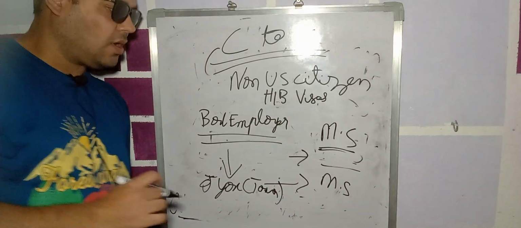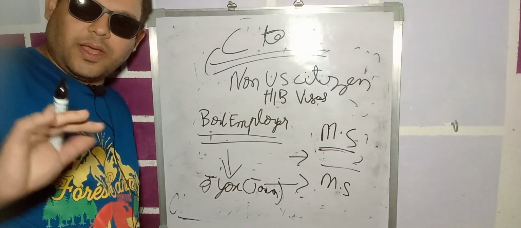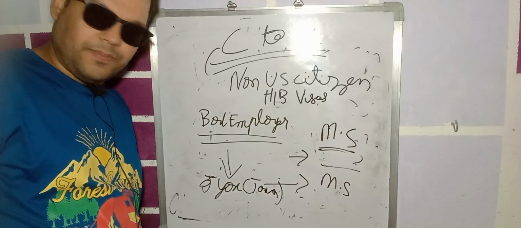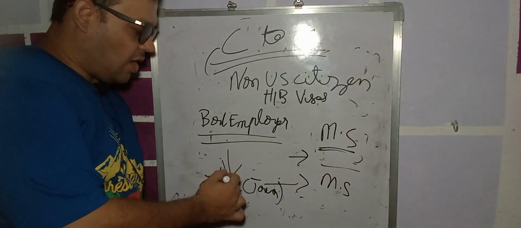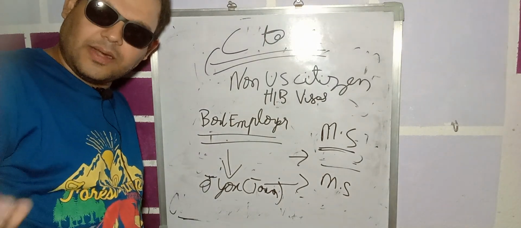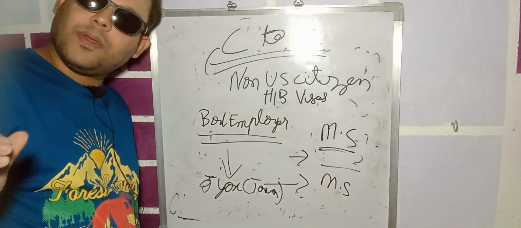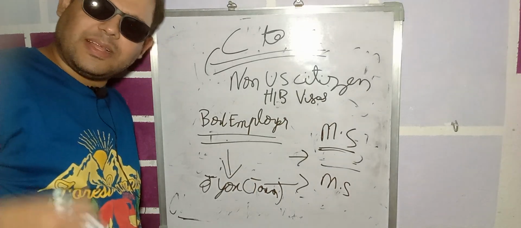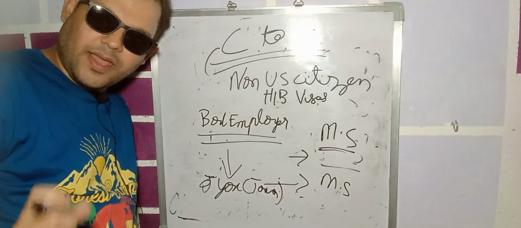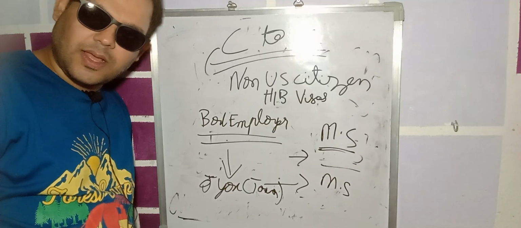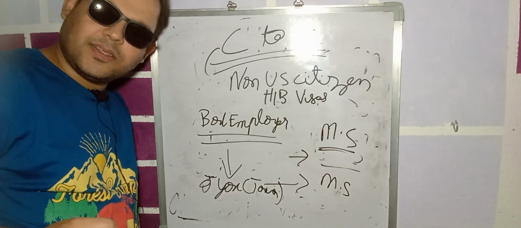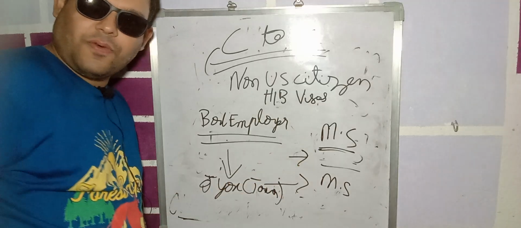So if you are not a US citizen, you can't work directly. You need an H1B visa to work for a US company. There will be an employer, Bob, who will sponsor your visa, that is, pay for your H1B visa, and you are a Java developer who will be providing service to Microsoft.